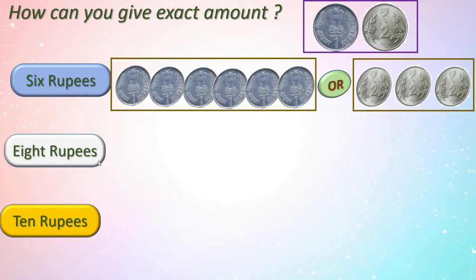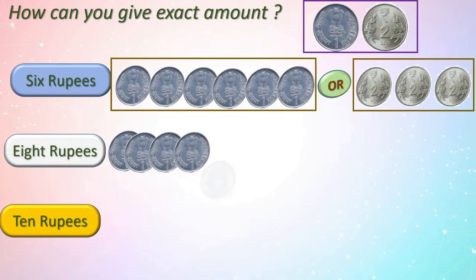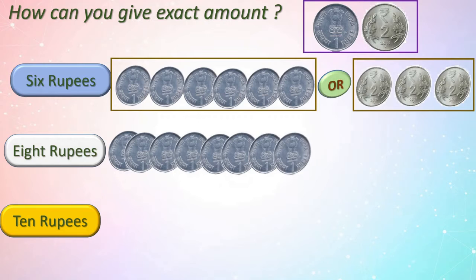Yes. If you want to give 8 rupees by using 1 rupee coin, then how will you give? How many coins are you going to use? Very good. 8 coins. 1, 2, 3, 4, 5, 6, 7, 8.